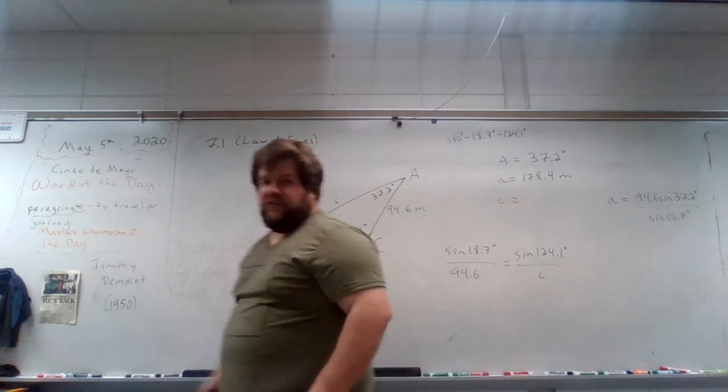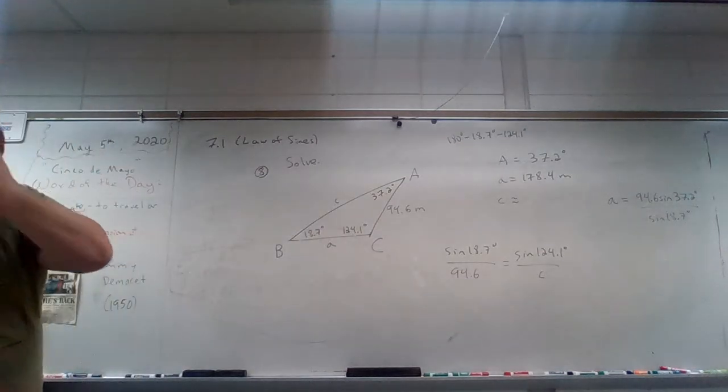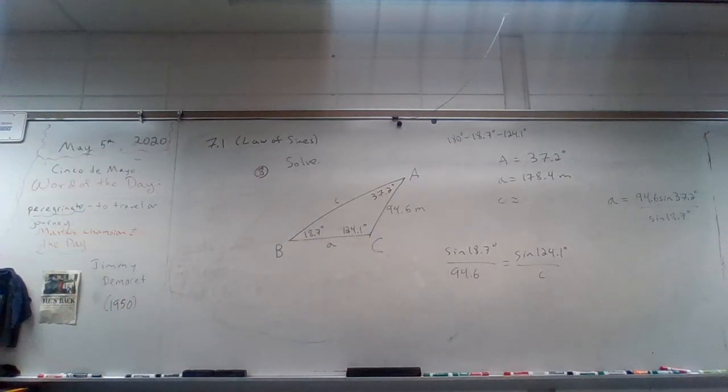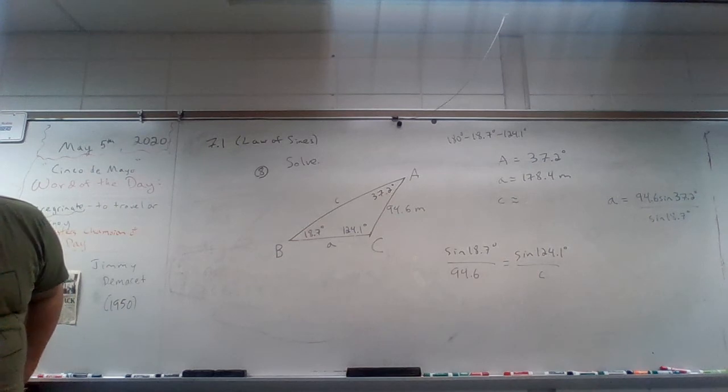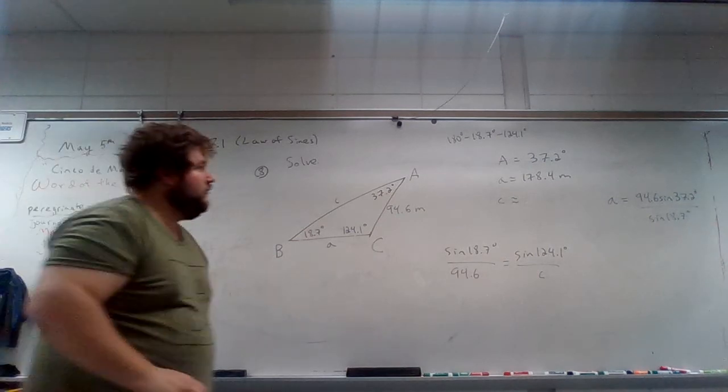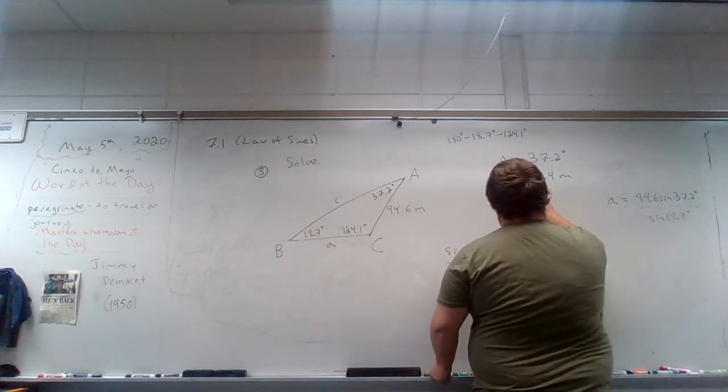And that will find little c for you. So I'll let you solve that one and punch it in the calculator and see what you get to make sure that you're going through this right. You got like 244.3 meters for that one.